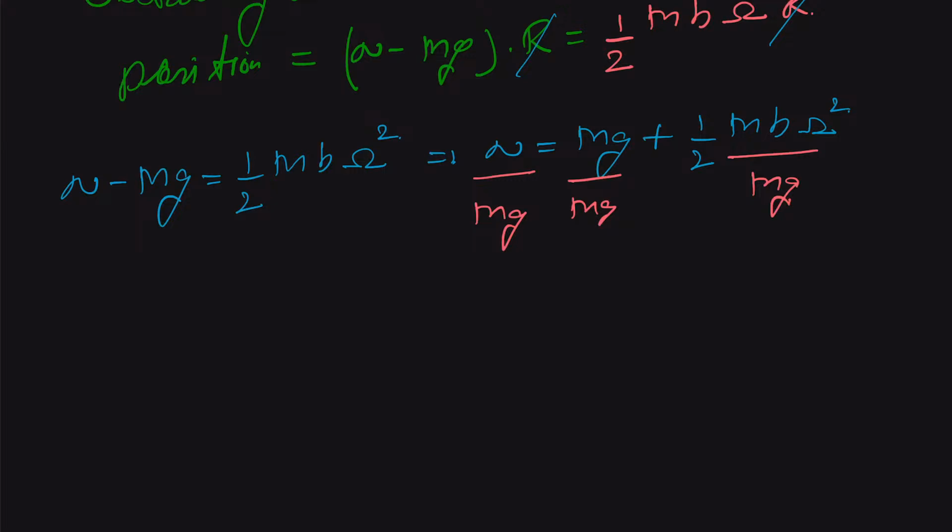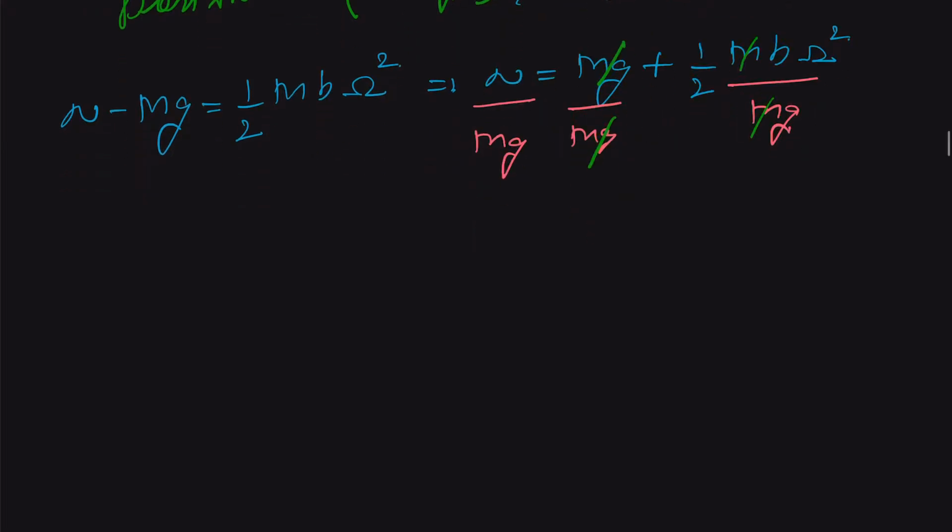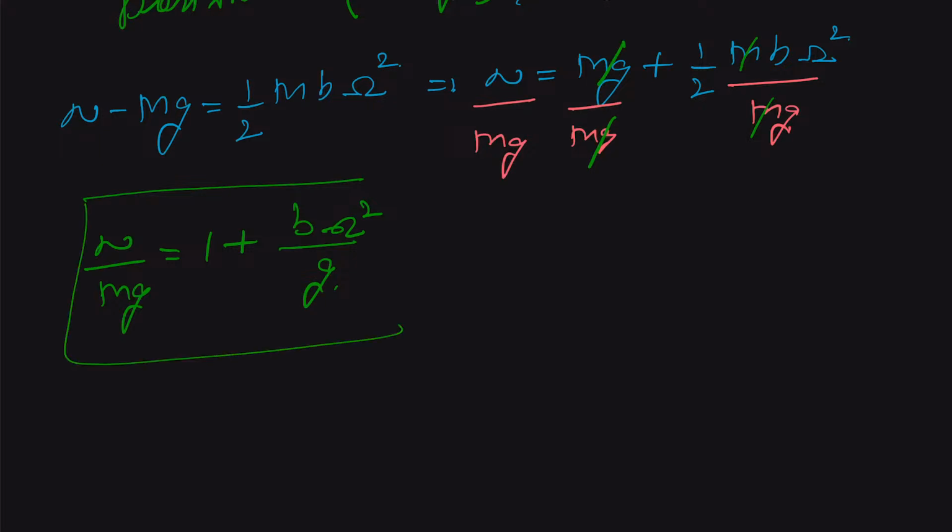So here this mg and mg, and here this m cancels out, so we get n upon mg will be equal to 1 plus b omega square divided by g. So this is the required ratio that was asked for.